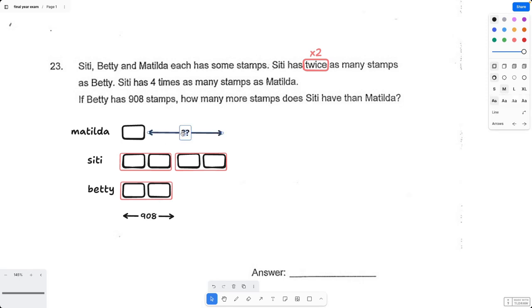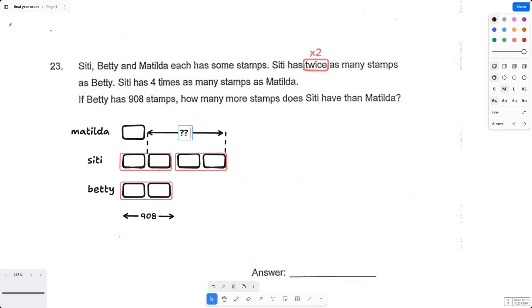908, and we don't know the amount, but we already know that this amount over here, let me put a dotted line so it's easier to see, is actually 3 units, right? So we are looking for 3 units, question mark.